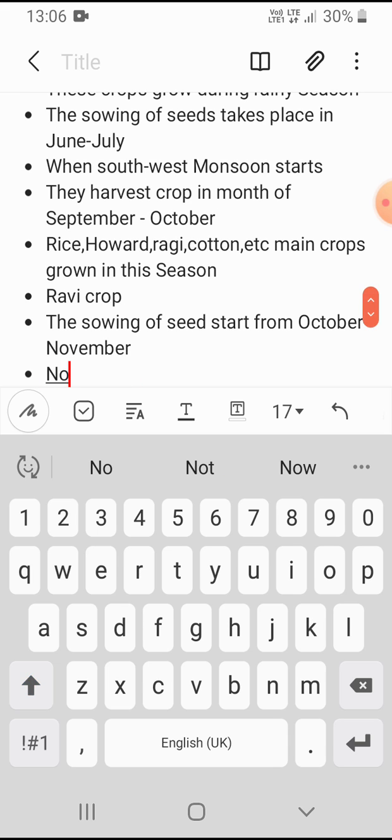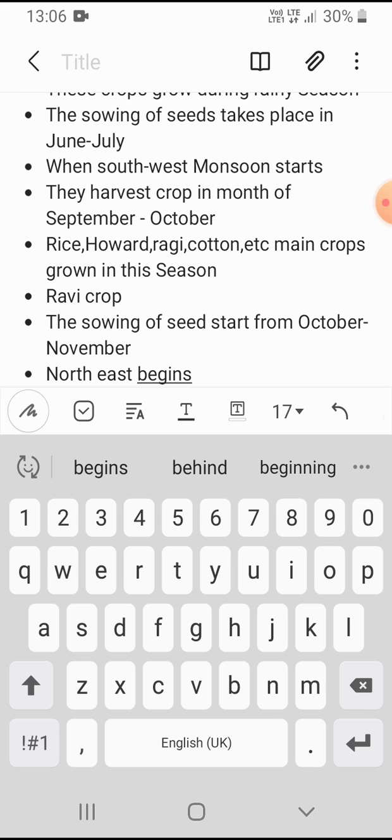After that, the northeast monsoon begins, as I said in the climate chapter. When the southwest monsoon goes from south to west, it returns in the retreating monsoon season, from north to east, and gives some rain again.